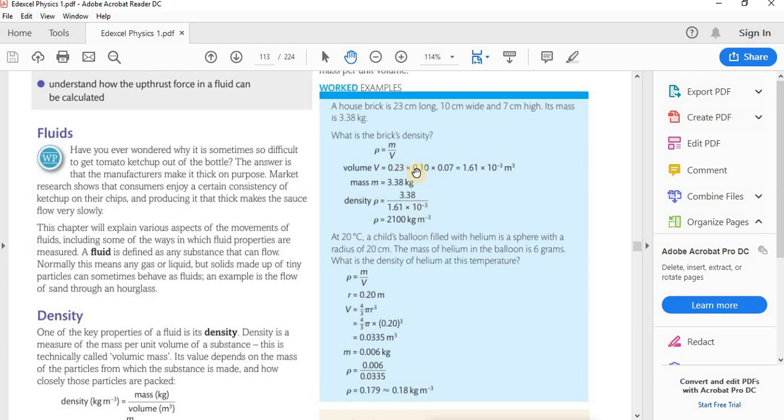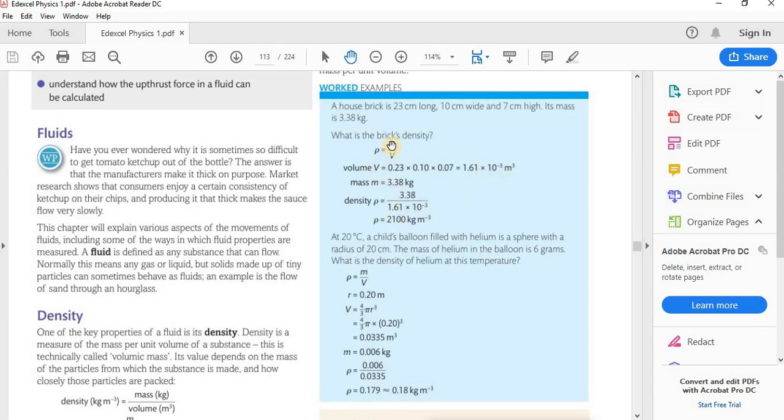You can also give the density in grams per cubic centimeter, but it depends on how big or how small the density is. If you want to convert from grams per cubic centimeter to kilograms per cubic meter, you multiply by 1000. Right, so here they calculate the volume in cubic meters.